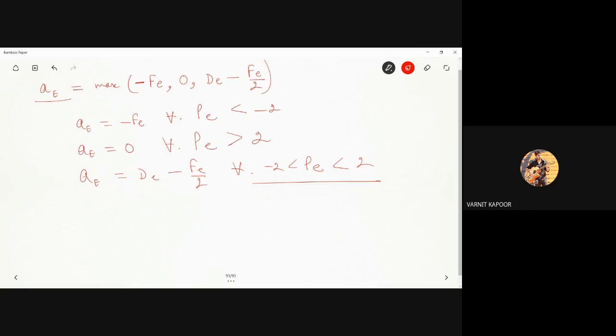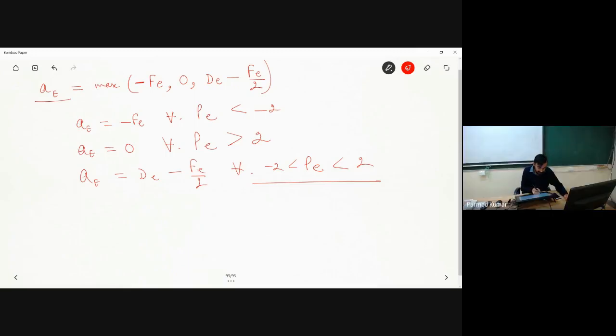Okay, sir. Okay. So similarly, the way I have written the coefficient of AE, I can write down the coefficient of AW also. So the coefficient of AW will be the maximum of, so AW I have not derived fully, but let me write over here. Here the negative sign will not come.